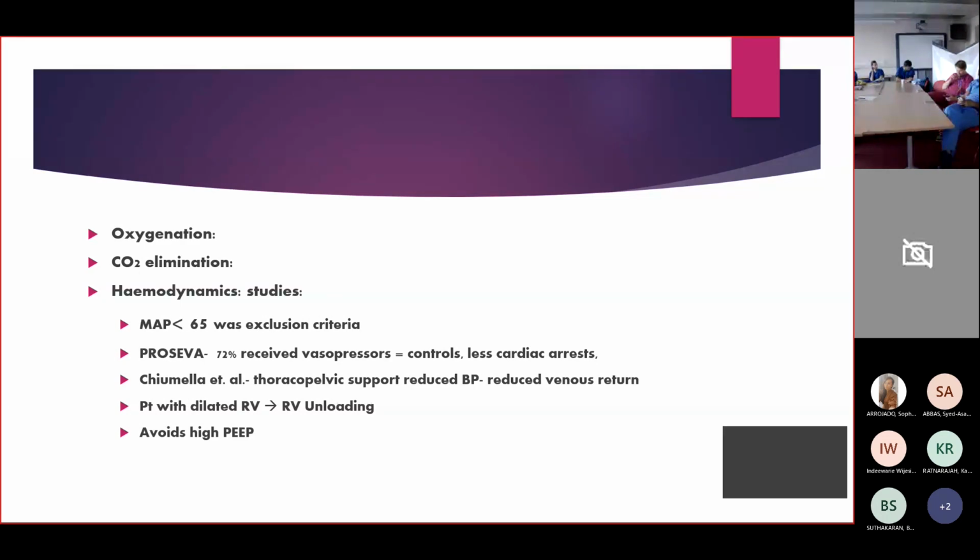Whereas in some cases we can see an increase in the PaCO2 because of reduced chest wall compliance, increase in pleural pressure or reduced venous return, which can result in reduced CO2 elimination. The desired result that we seek is a decreased PaCO2.